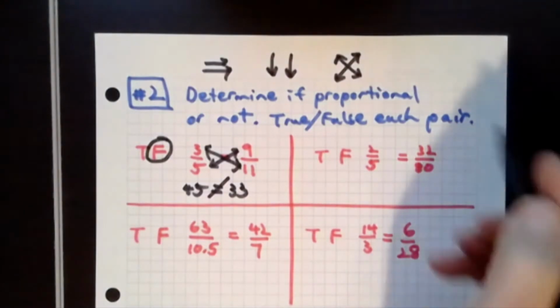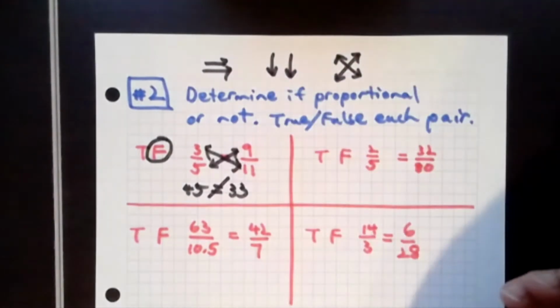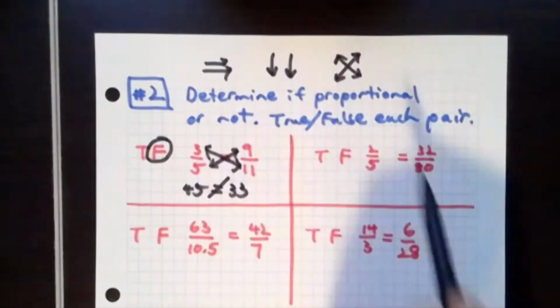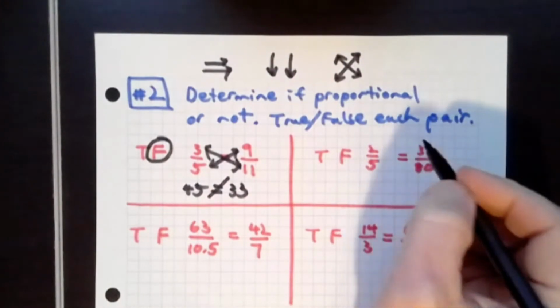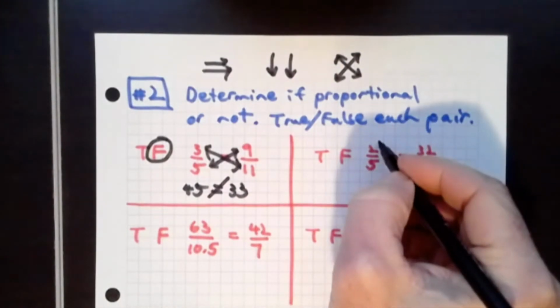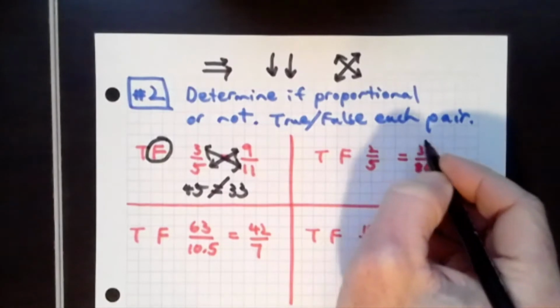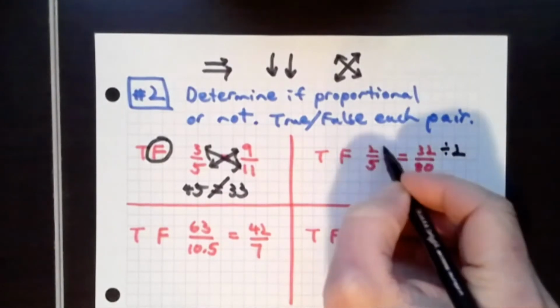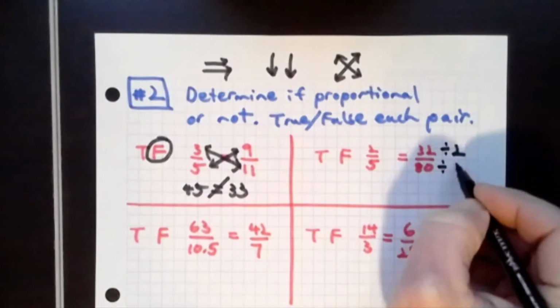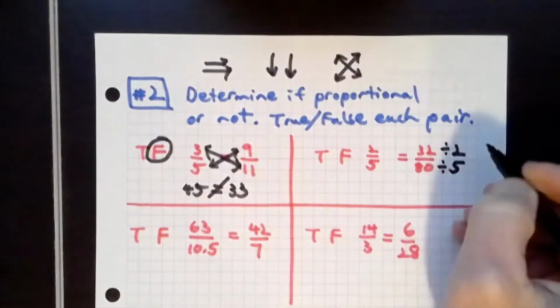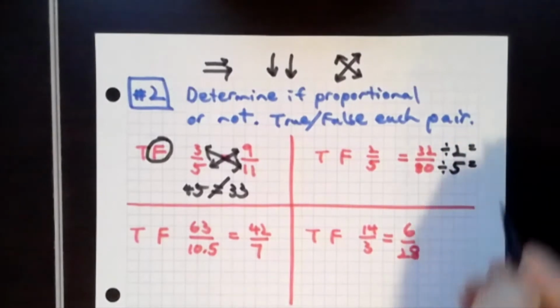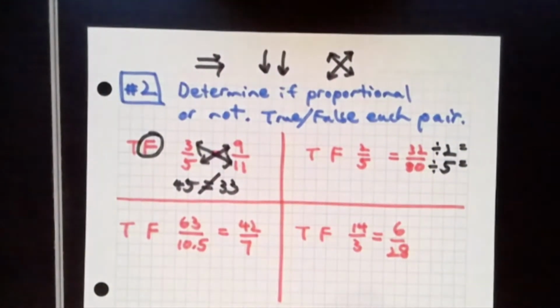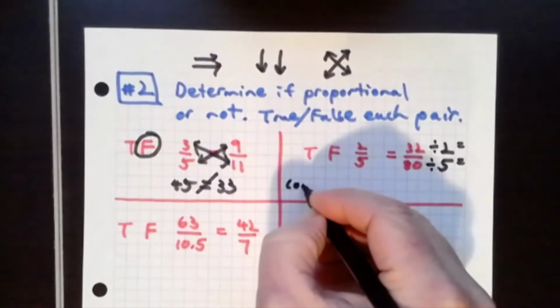Why don't we try something like this just to show you horizontal factors, common horizontal factors. 32 divided by 2, I got the 2 from over there, and 80 divided by 5. If those are the same, they have common horizontal factors, and that would be true.